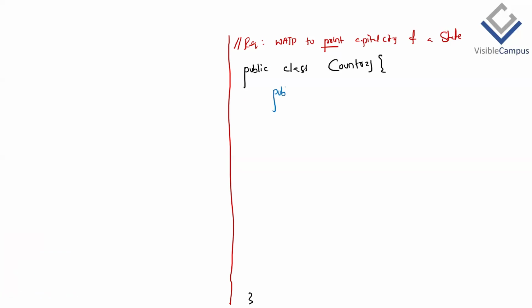Here, public, and according to my requirement the return type has to be the capital city, which is a String. Next comes the method name, getCapitalCity, which I am using by following camel case naming standards. Then what's the input? The state name, which is a String type only. So String st, for state. This is my method body.